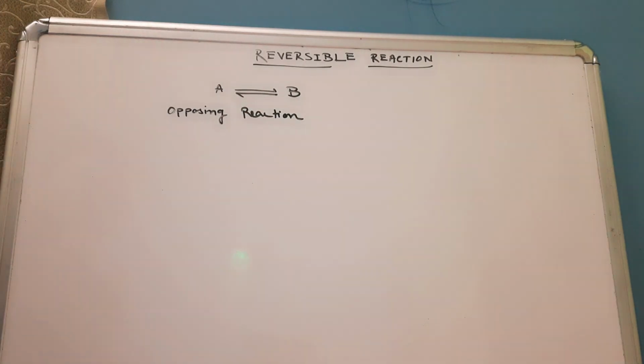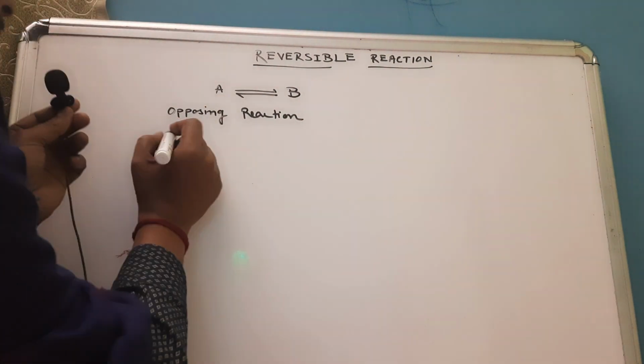Opposing reactions means the reversible reactions are those in which both forward and backward reactions take place simultaneously.